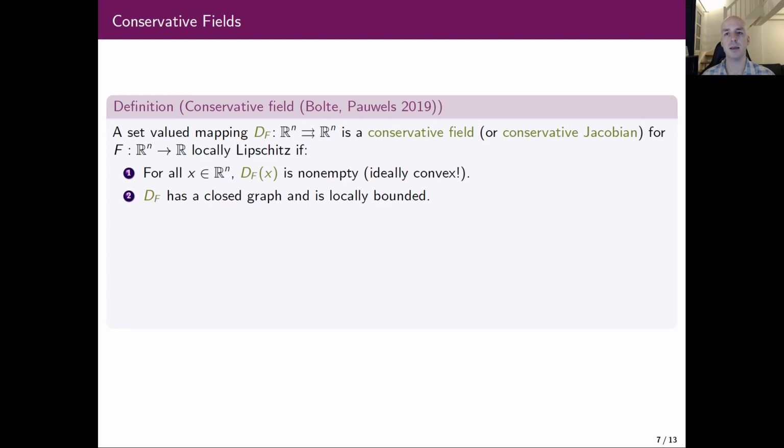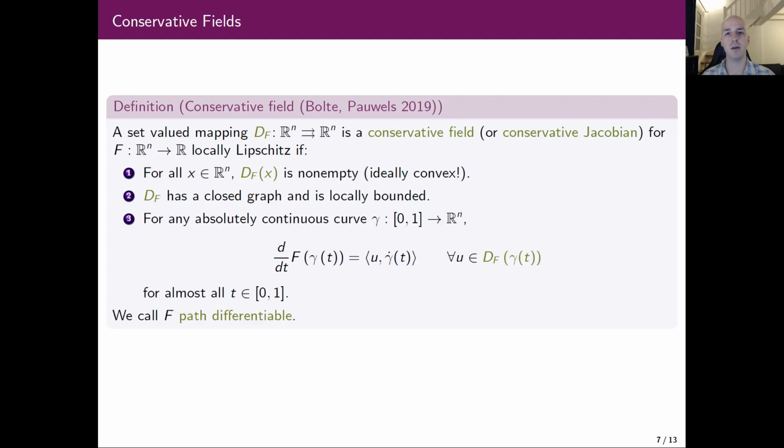The second is that the conservative field should have a closed graph and be locally bounded. The third and final property is that the conservative field should satisfy a chain rule along absolutely continuous curves. This final property is the most important because it allows us to rigorously model backpropagation and also allows us to use differential inclusion arguments to show convergence in a multitude of settings.